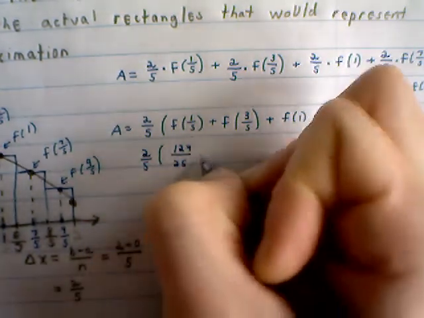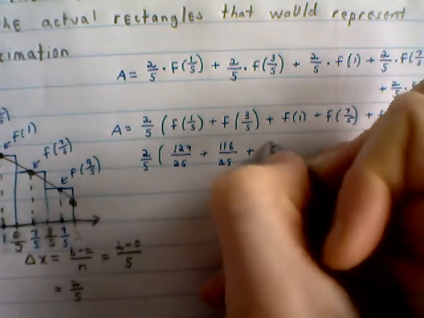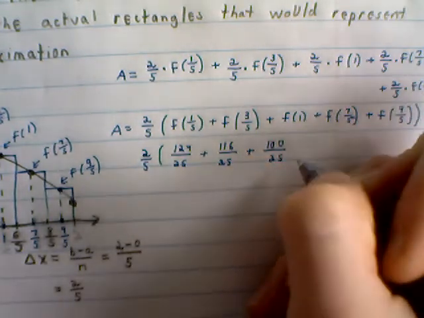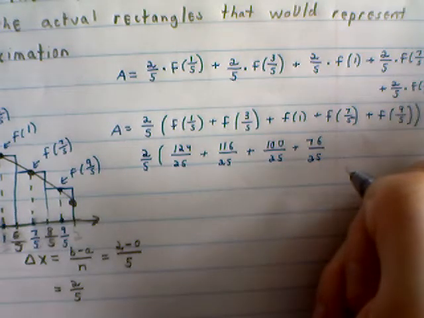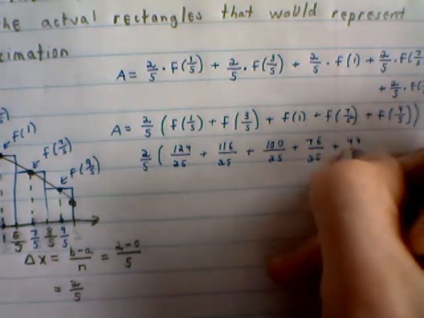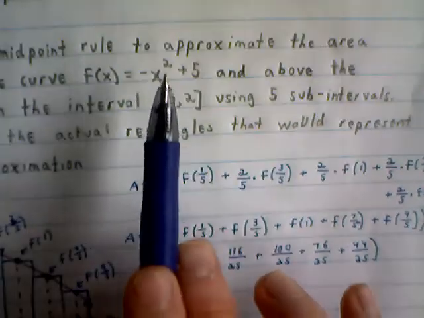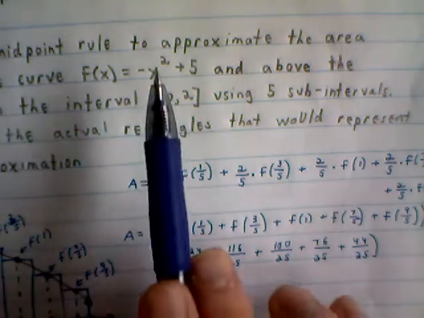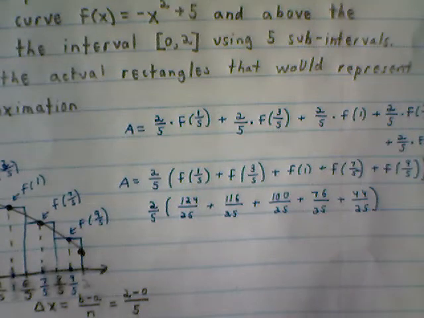124 over 25 plus 116 over 25 plus 100 over 25 plus 76 over 25 plus 44 over 25. I just evaluated these in a calculator. I plugged each one of my x values into f of x, and I got my values. Then from there, what we can do is add them up together.